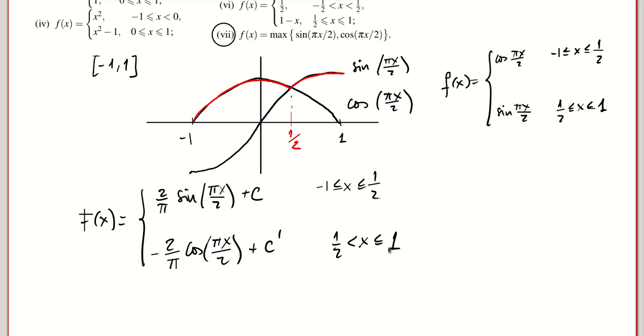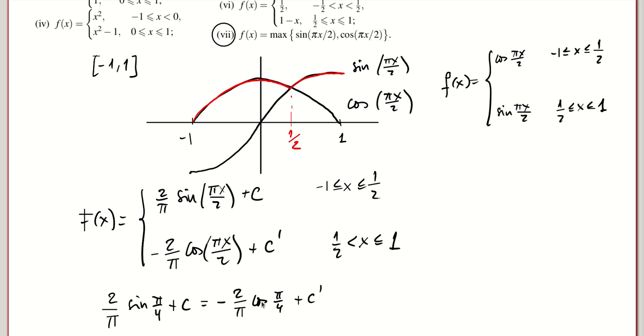this interval. Now we need continuity at the point 1/2, right? So we substitute this in 1/2 and this in 1/2 and make them equal. So what we have is 2 over pi, the sine of pi over 4 plus c is equal to minus 2 over pi, the cosine of pi over 4 plus c prime, all right?